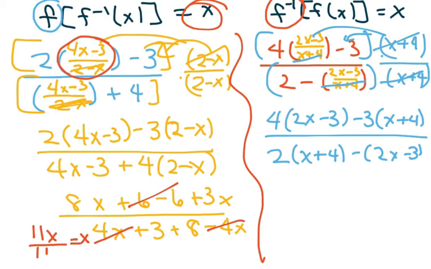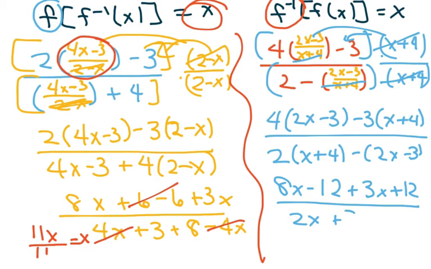All right, and when you clean this up, you're going to get 8x minus 12 plus 3x plus 12 over 2x plus 8 minus 2x plus 3. Now these cancel, and you get the same thing: 11x over 11 equals x.